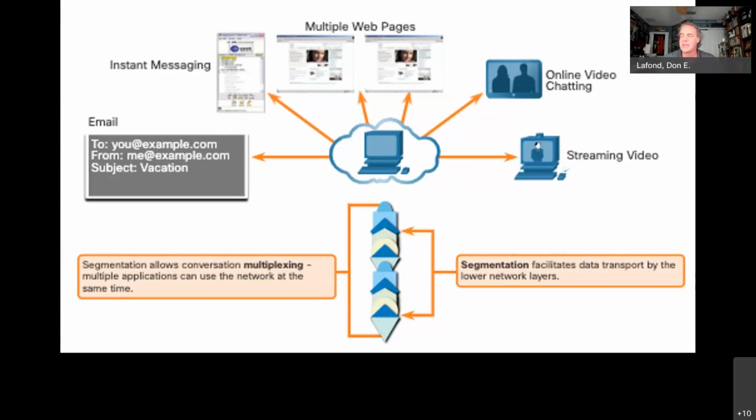What the transport layer does is segment that data, label it, and identify it, and then interleave that data with all of the other pieces of data and send it out through the bottom layers of the OSI. When it comes back the other direction, it separates that data and sends it to the correct application on the higher layer.